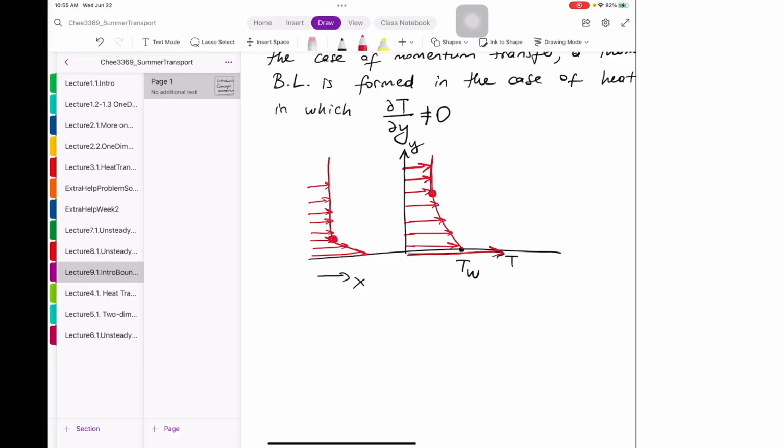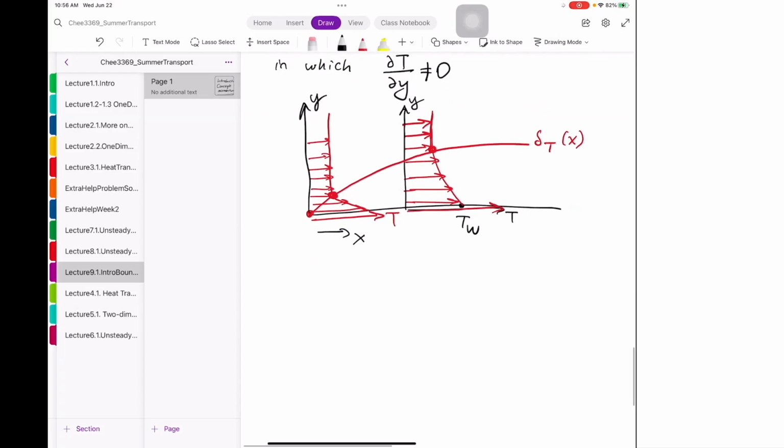Okay, so this is the interface, and this is basically delta Tx, the thermal boundary layer. Okay, and this is your T-axis again, and this is your y-axis again, and your fluid is flowing in this direction with a temperature of Tf.